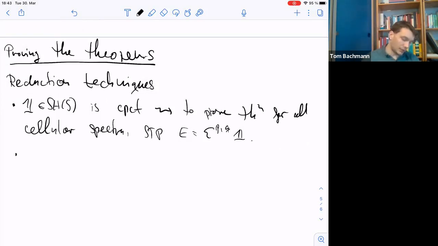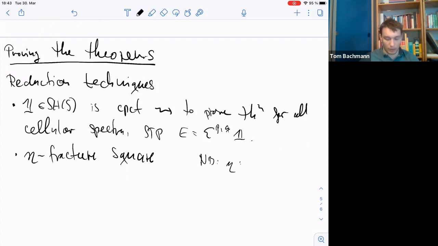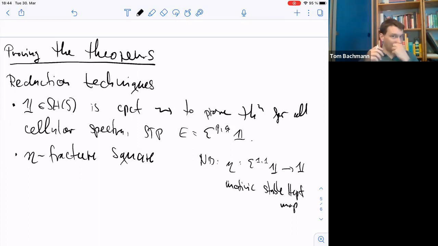The second is that you use the so-called eta-complete fracture square. Eta is the so-called motivic stable Hopf map, and it goes from Sigma^{1,1} 1 to 1. A very interesting map, maybe a subject of a bunch of other talks.